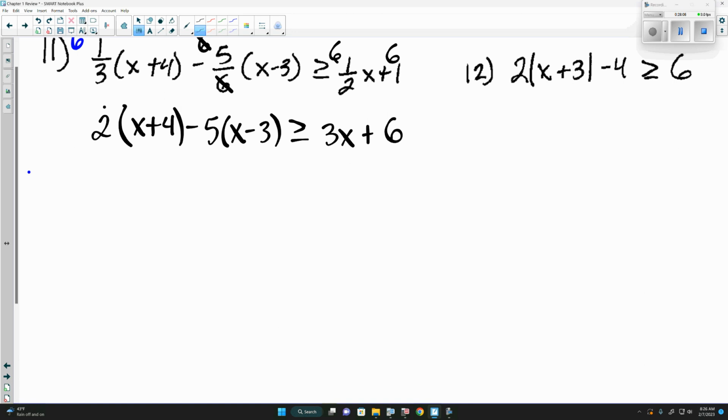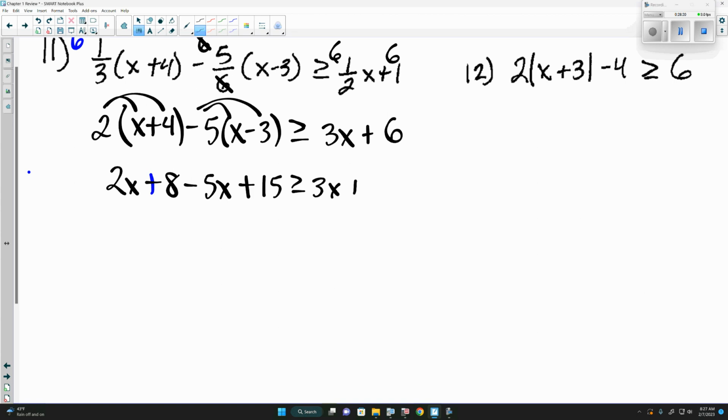Now at this point, we can distribute. 2 times x is 2x. 2 times 4 is plus 8. Negative 5 times x is negative 5x. Negative 5 times negative 3 is plus 15. 2x minus 5x is negative 3x. 8 plus 15 is plus 23.